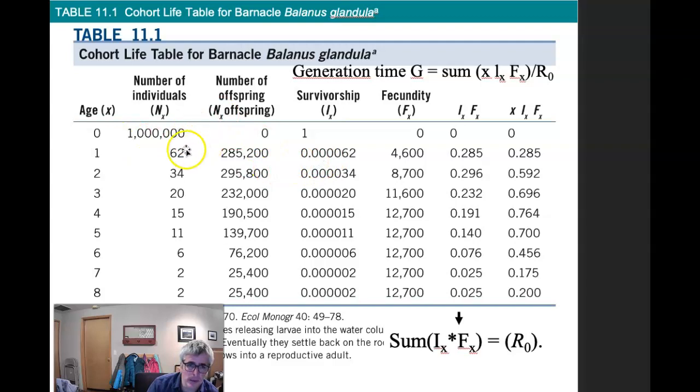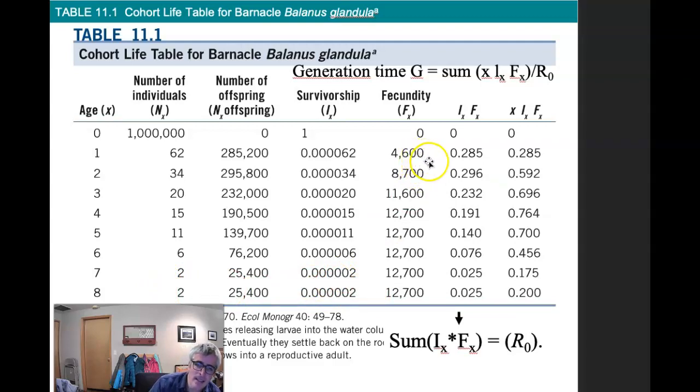If you multiply this by 1 million, you'll get 62. You have a 0.0062% survivorship from the first cohort, not from year 1 to year 2. So this number goes back to the start of the cohort, year 0, on down to a bunch of zeros and 2, which means that of the initial 1 million, 2 are still alive.